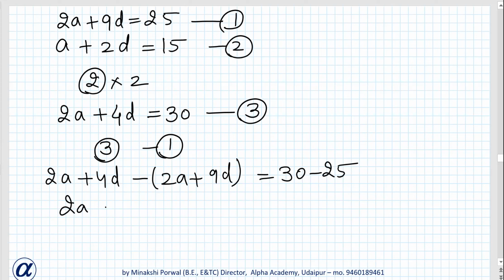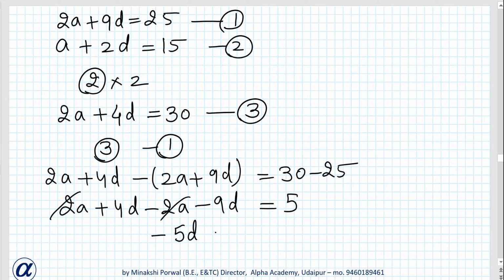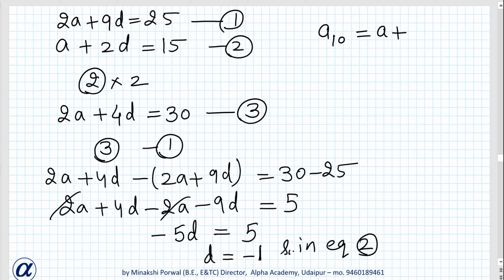So minus 5D equals 5, D equals minus 1. Okay, so D we got. The other thing is A10 we have to find. First of all we'll substitute D equals minus 1 in equation 1 or in equation 2. Substituting D equals minus 1 in equation 2.